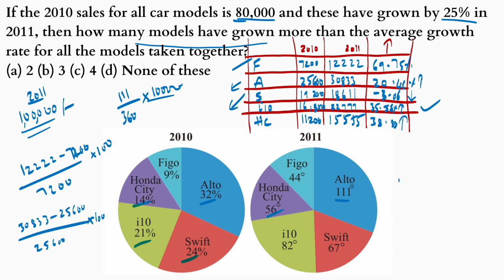I-10 is greater than 25%. Figo is greater than 25%. HC, the Honda City, is greater than 25%. For 3 models, it's greater than 25%. It's touching the average, right? So B is our answer.